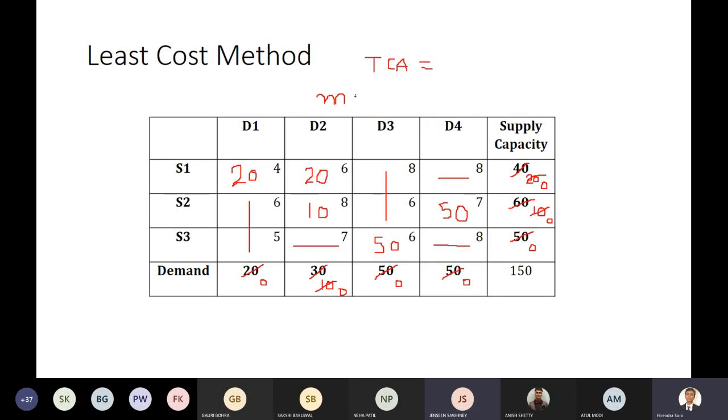How much does that come out to be? 1650, I guess.